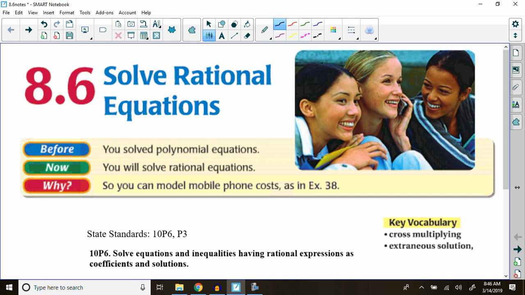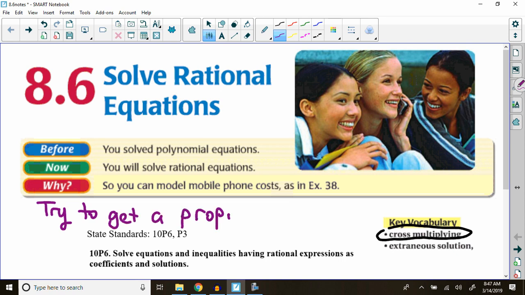The key vocabulary: cross-multiplying. Cross-multiplying is something that's used when you solve proportions, and that's really the big idea. The big takeaway from today's lesson is that the goal, the task, is to try to get a proportion.